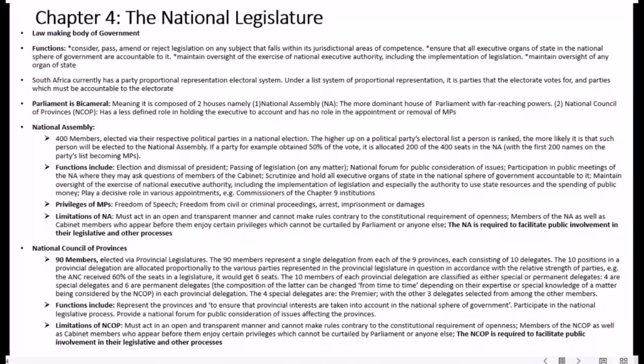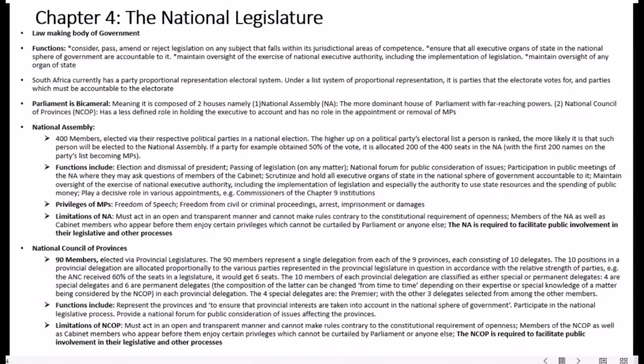And the functions of the National Assembly include the election and dismissal of the president, passing of legislation on any matter. It is a national forum for public consideration of issues, participation in public meetings of the National Assembly where they may ask questions of members of the cabinet, also known as question time.